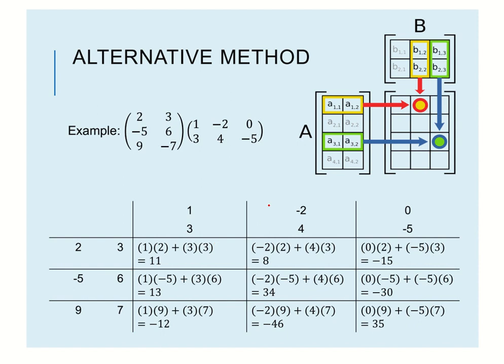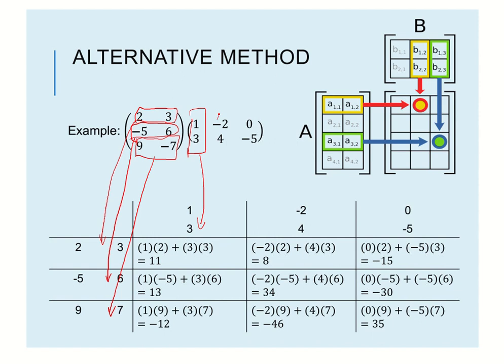First we take the first row and we put it here, the second row goes to the second row, and the third row we write here. And for the first column we write here, and the second column, and the third column.